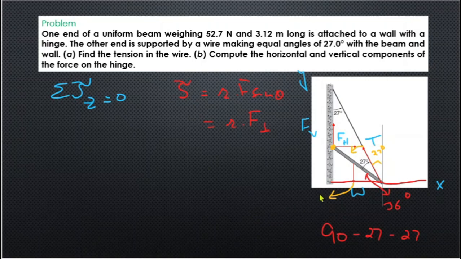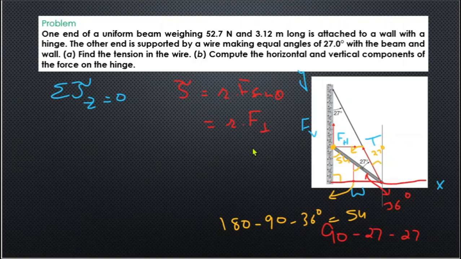So if that angle is 90 degree and this angle we have just found to be equal to 36 degree, then this remaining angle over here would be equal to 180 minus 90 minus 36 degrees, and that would be equal to 54 degrees. Now if that angle is equal to 54 degrees over here, then that angle would also be equal to 54 degrees.